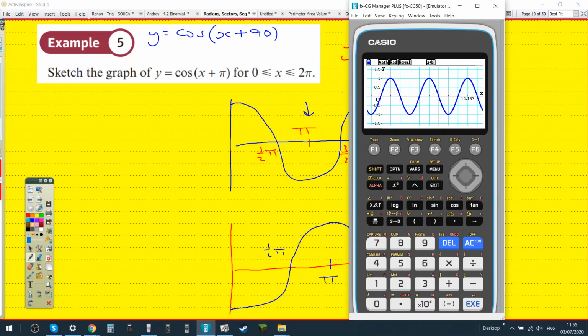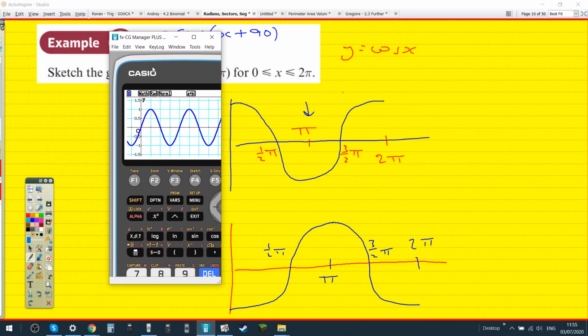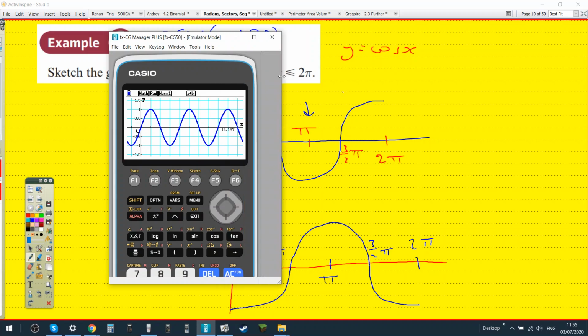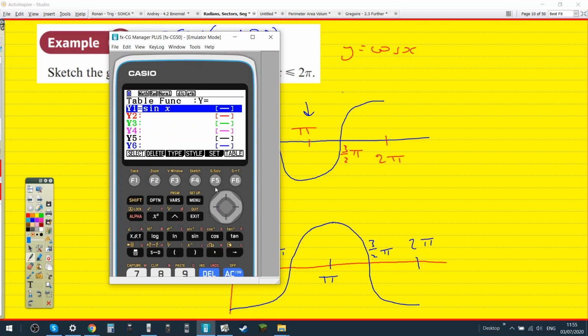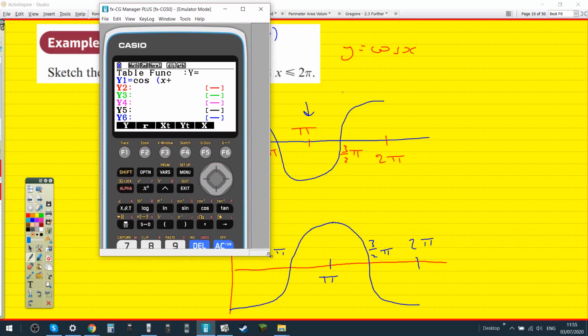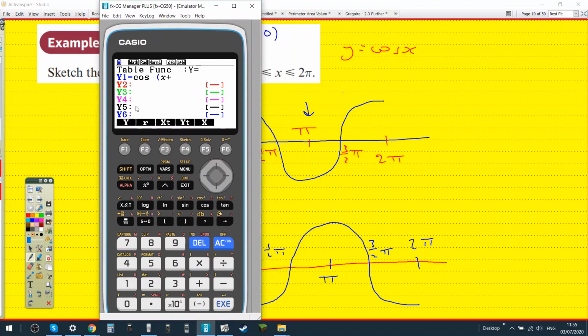And one thing that might be helpful as well is menu table. So 7. So you could do cos in a bracket x plus pi. Let's see, pi is shift x10x.